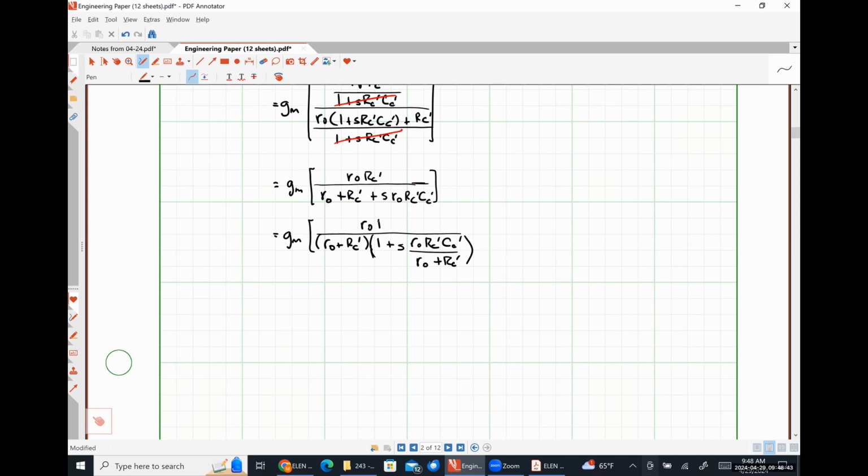Here I have R naught times RC prime, like so. Let me make this bracket large enough to take everything it needs. Are we okay with this algebra itself? So it seems pretty obvious now that I can pull out an R naught times RC prime over R naught plus RC prime, which is just R naught in parallel with RC prime, from this thing.